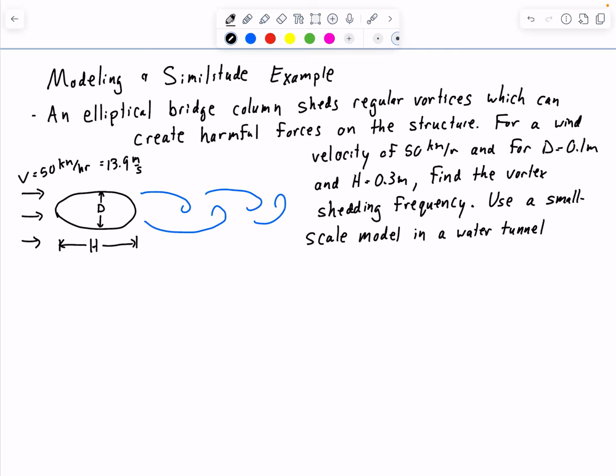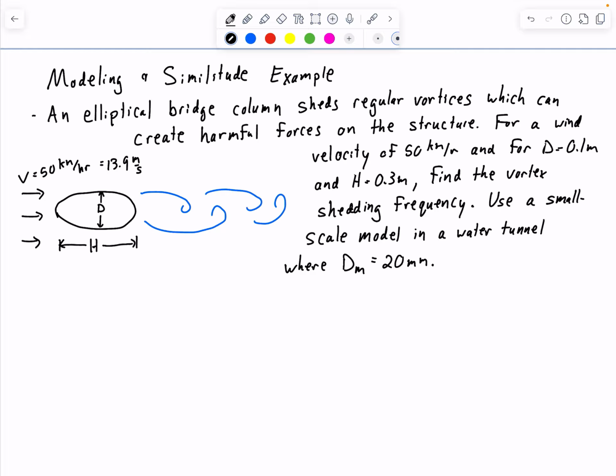But instead of using a wind tunnel, we're actually going to use a water tunnel. So we're using water as a working fluid instead of air in our model system. And so we're given some dimensions here. D sub m, the D of the model, is equal to 20 millimeters.